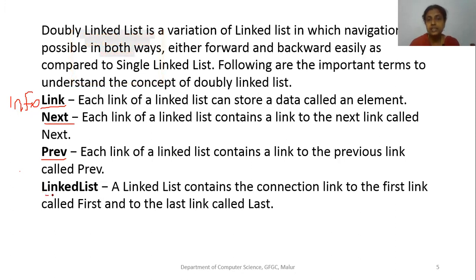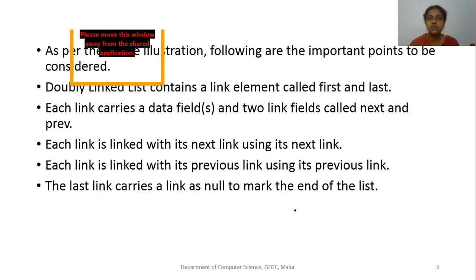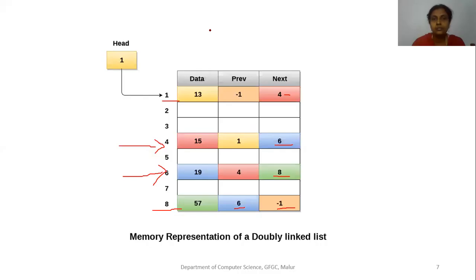Last is linked list. This linked list contains the connection to the first link, called first, and the last link, called last. The connection established between the first node and the last node, we call a linked list. So these are some of the terms we use in our linked list.